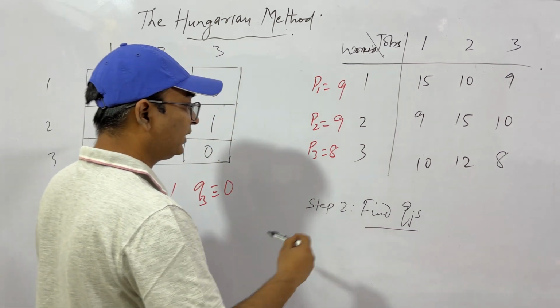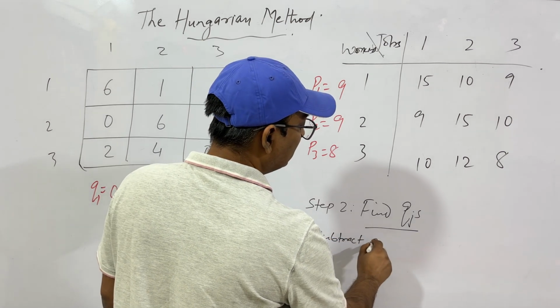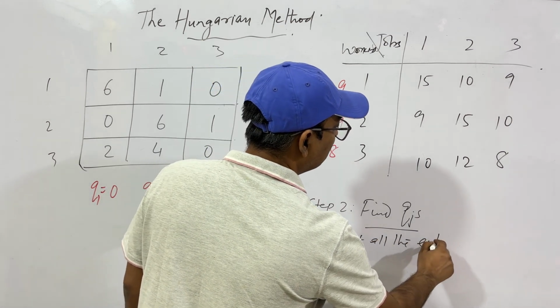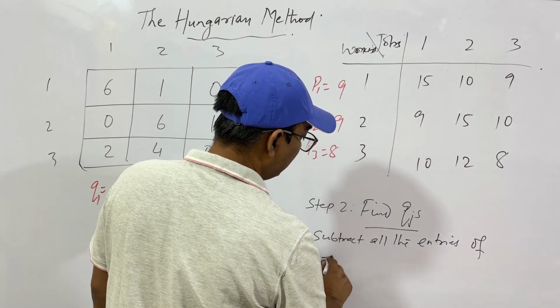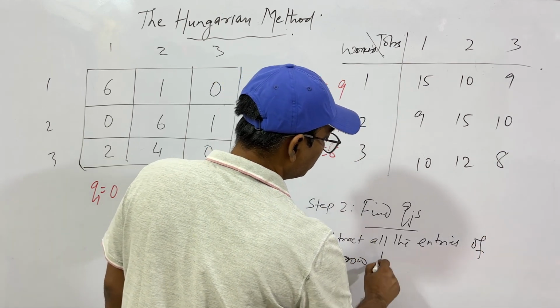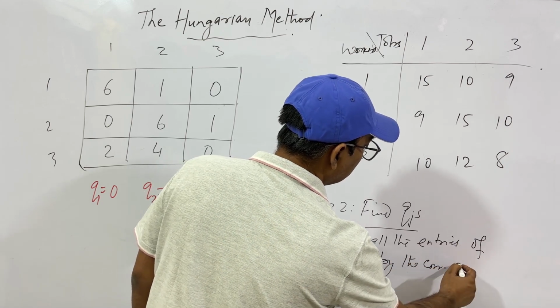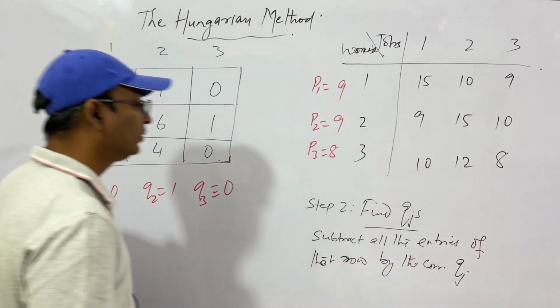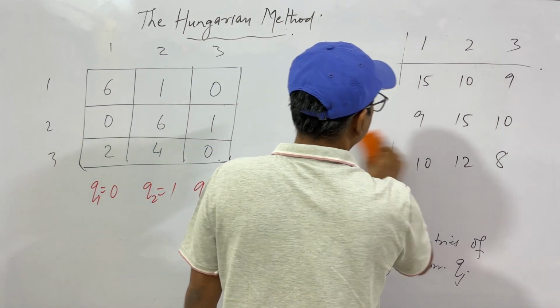After finding the Q's, subtract all the entries of that column by the corresponding Q. So let me draw it here.